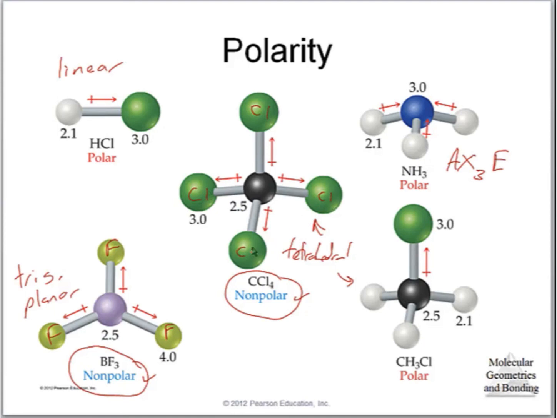So in both of these nonpolar molecules, there's an equal distribution of the polar covalent bonds, I guess you would say. It's a very symmetrical shift in the electron density. Chlorine is really pulling electron density away from this carbon, but it's doing it in a very symmetrical fashion. Therefore, it's a symmetrical molecule, it's a nonpolar molecule.